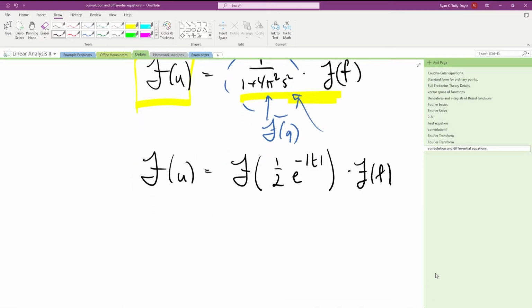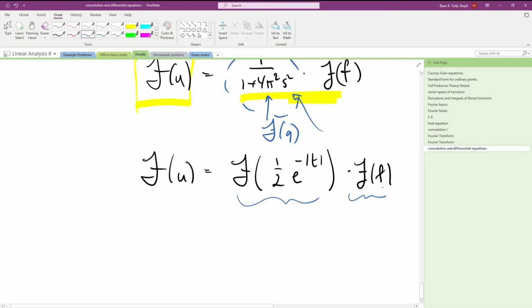Now I've got one step left to figure out what u is. When I have a product of functions in the frequency domain and I come back to the time domain, what I get is a convolution of those functions in the time domain.